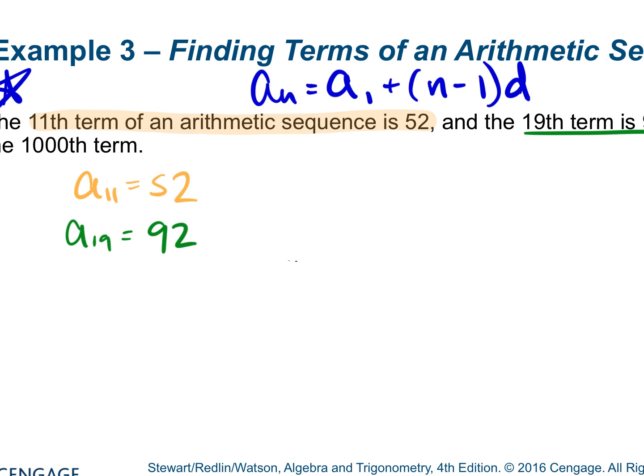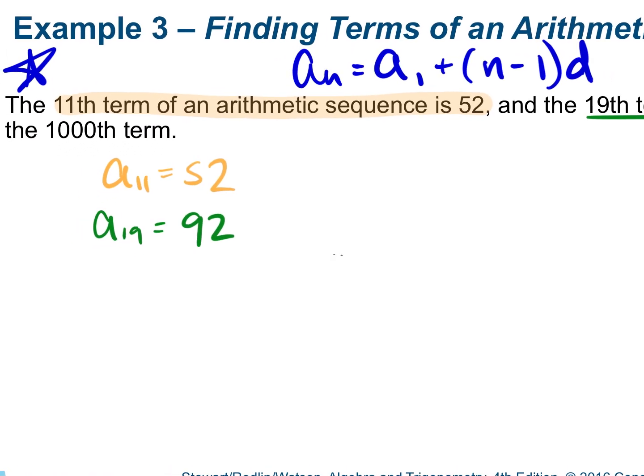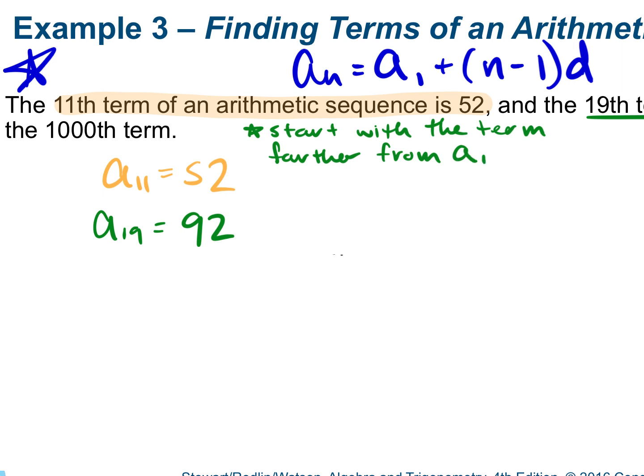So we always want to start with the term that's farther away from the first term. So I'm going to start with the term farther from a sub 1, our first term. So that would be a sub 19. So we're going to say a sub 19 is equal to, next I'm going to keep using the one that was given to us.